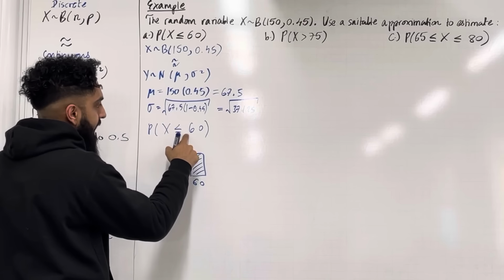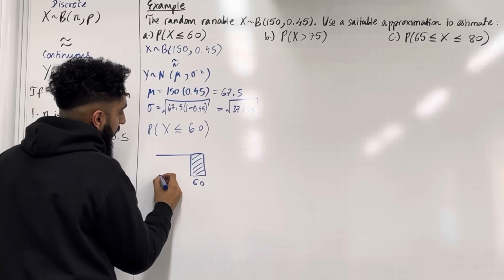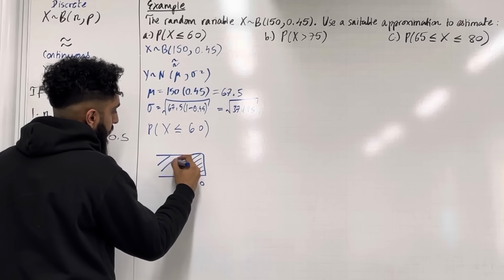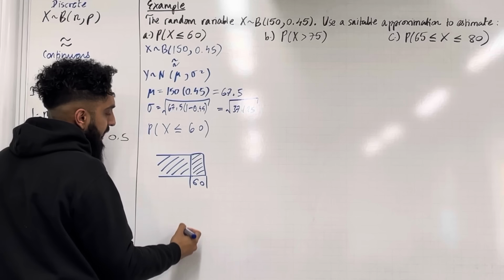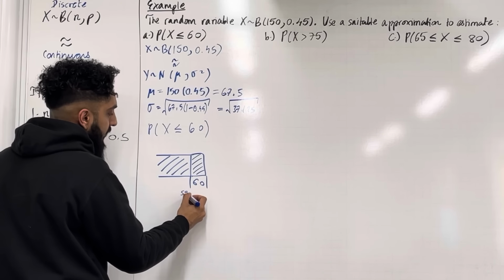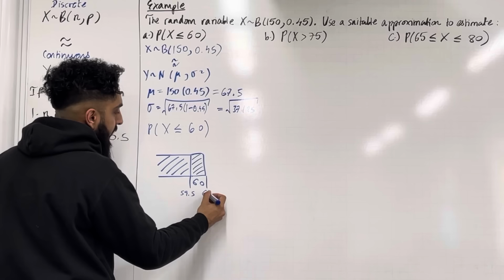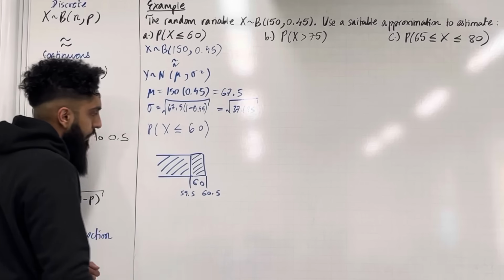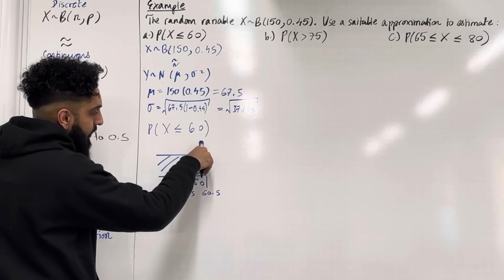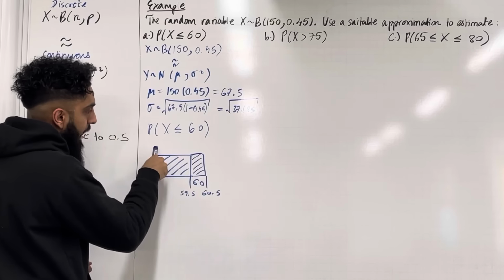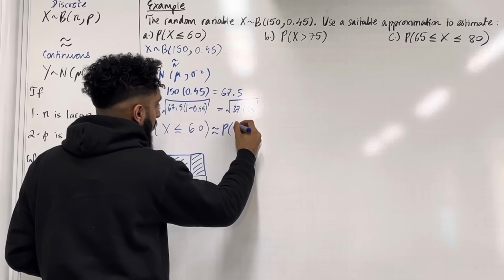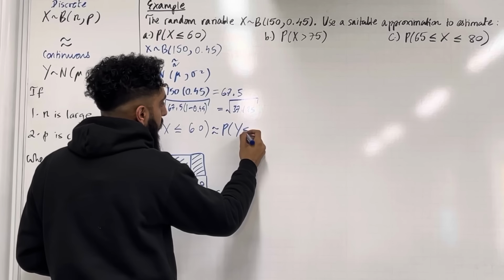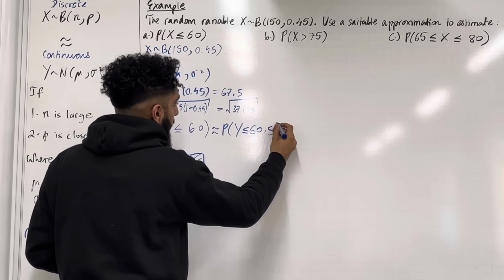X is also less than 60, so we shade in the left-hand side of 60. Now we find the lower bound and the upper bound of 60. So the lower bound is 59.5 and the upper bound is 60.5. So the shading actually starts at 60.5 and we go to the left. Hence the probability is approximately the probability of Y being less than or equal to 60.5.